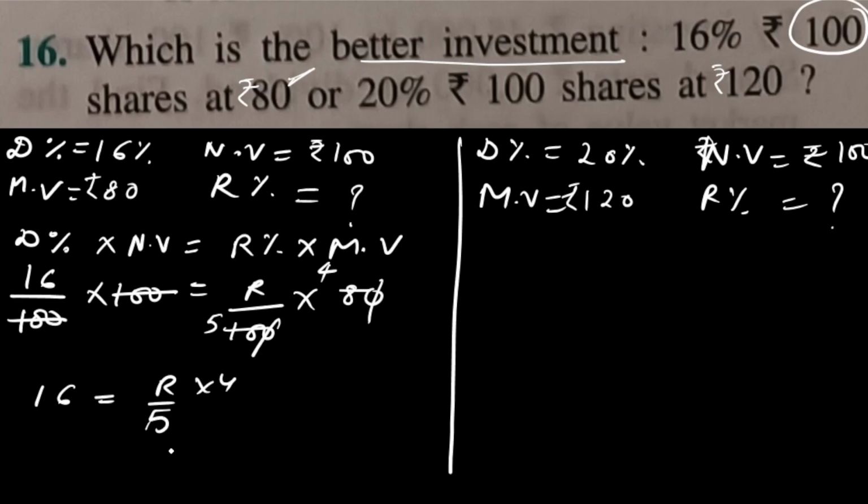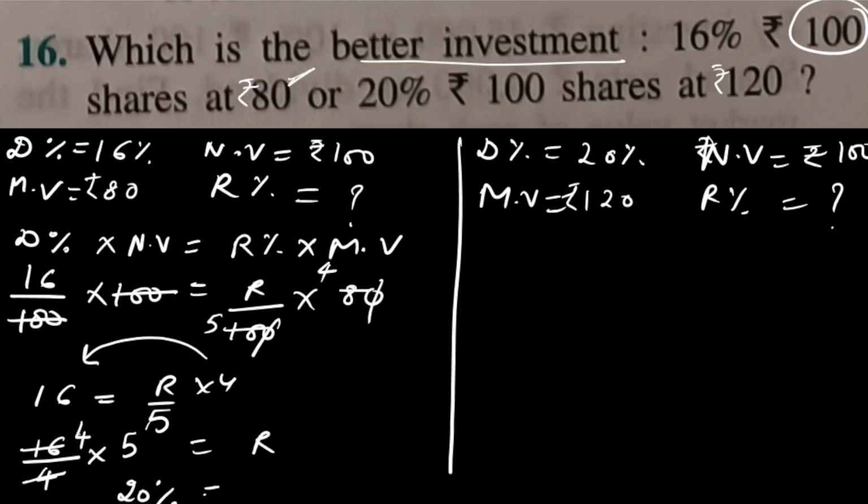So this 4 and 5, like we did in previous questions, we will shift to the other side. So 16 I am writing as it is, divided by 4, because here this 4 is getting multiplied by r. And it's getting multiplied by 5, because with r this 5 is getting divided. So when we shift it to the other side, it will get multiplied. So 4 into 4 is 16, 5 into 4 is 20.